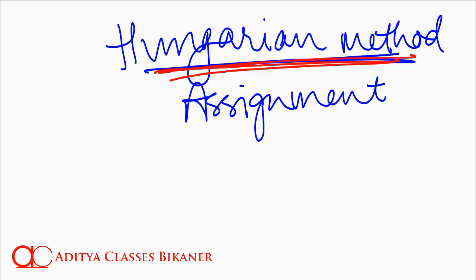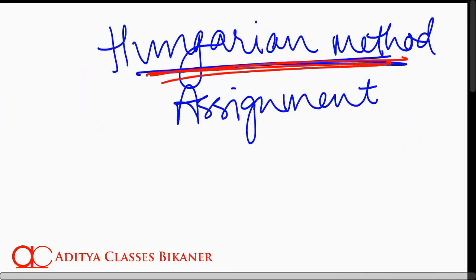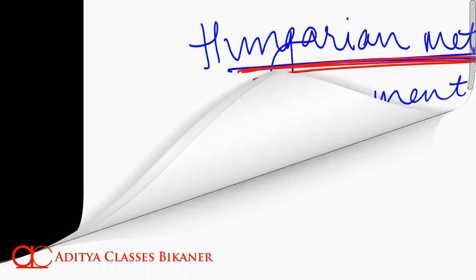Now first let us see how an assignment problem is organized. How do we represent an assignment problem? For the example, let us say we take 4 workers and 4 jobs.